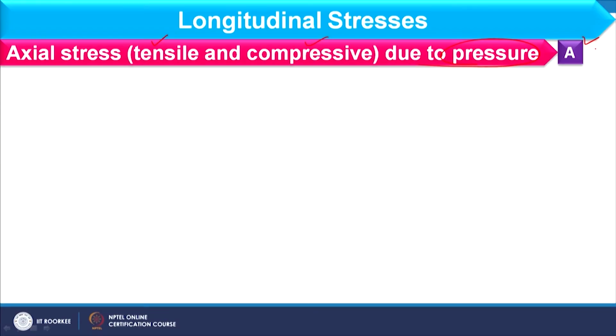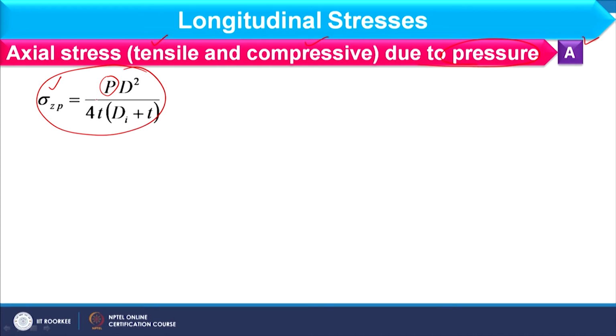And when I have external pressure, it will try to compress it. So, compressive stress will work there, and we count that as A because this is the first factor. If you consider the stress generated due to pressure, the whole expression you see is the longitudinal stress generated in the shell, which we just discussed in the previous slide.